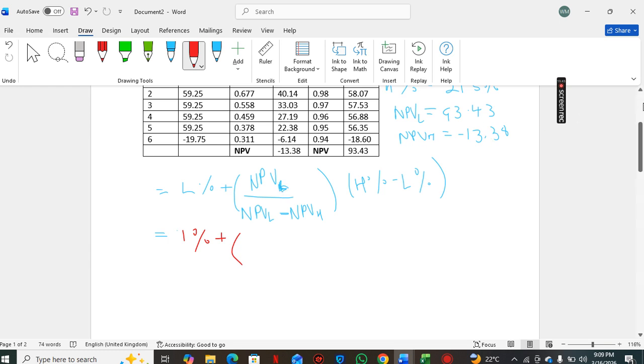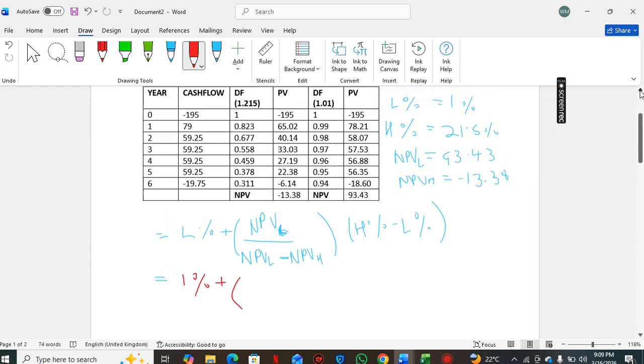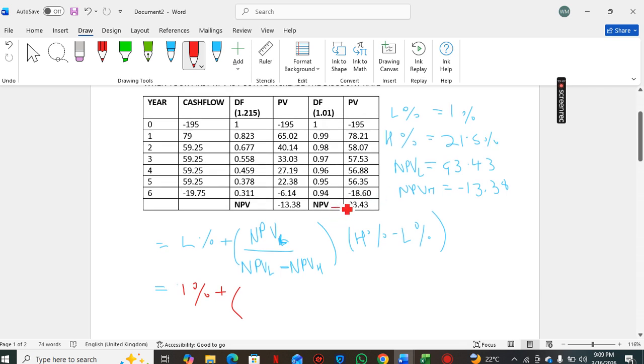So if you remember, when we used 1 as our discount rate, our net present value was 93.43. Then when we used 21.5 as our discount rate, we got negative 13.38.